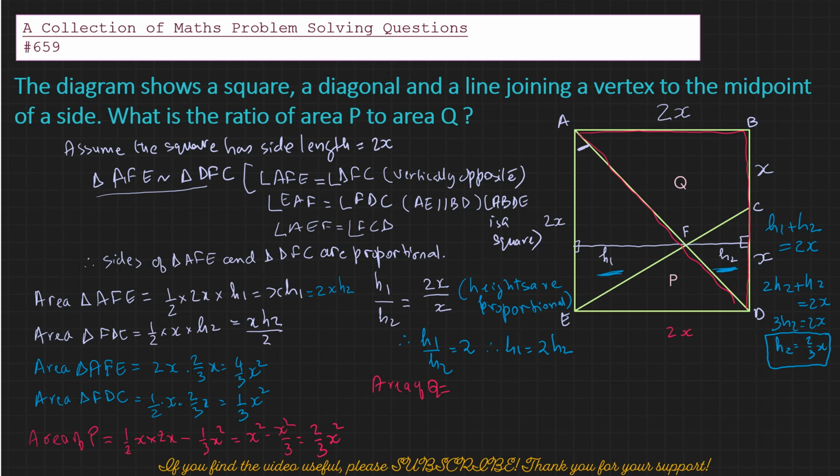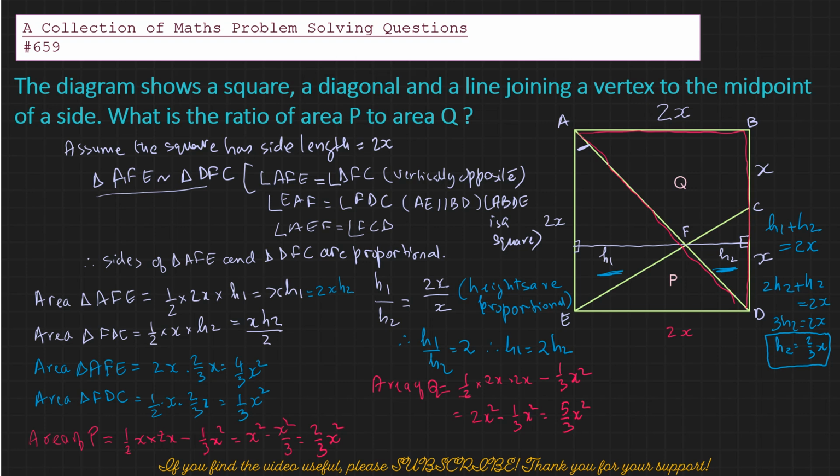So half times twice x times twice x minus 1/3 x squared, and the 2 and 2 go away, so I'm left with 2x squared minus 1/3 x squared, that is 6 minus 1, 5 out of 3 x squared.